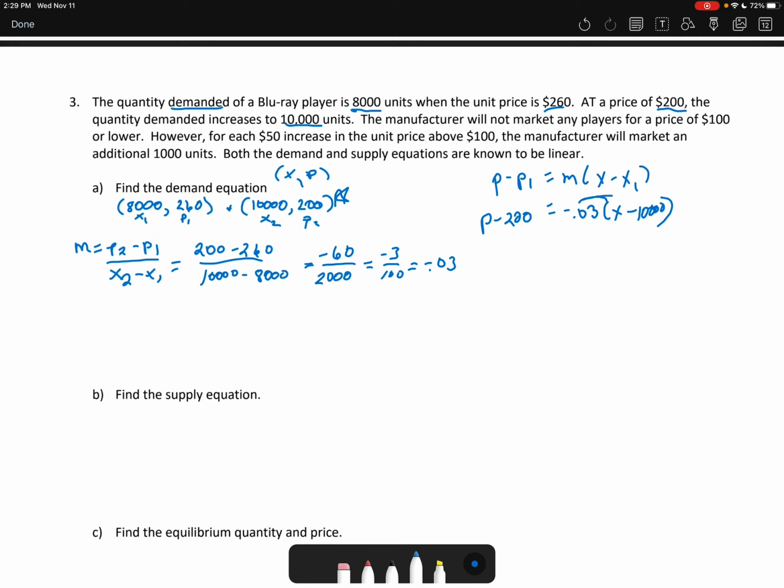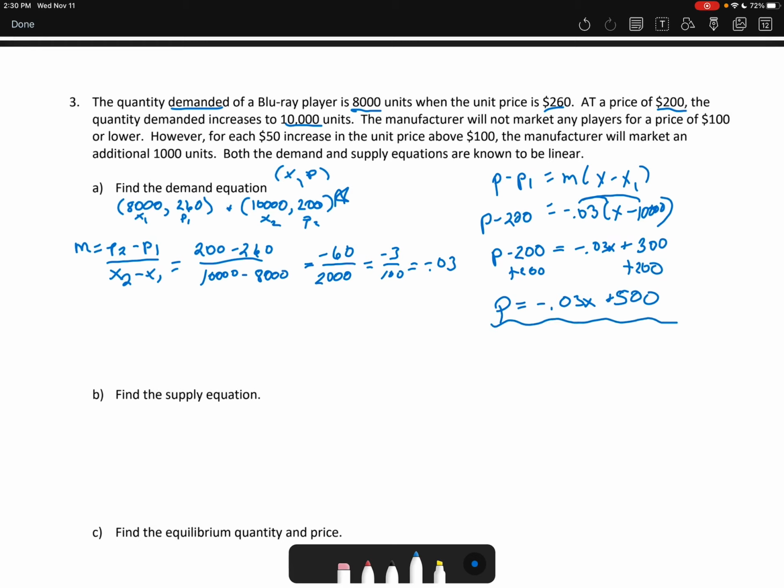Then we're going to just move things around here. Distributing on this side, we'll get plus 300. And then add. Oops, I forgot my x. Don't want to do that. Okay, so there is our demand equation.